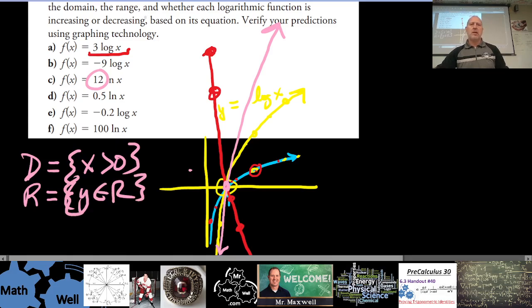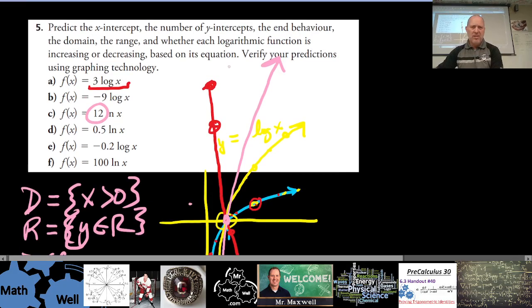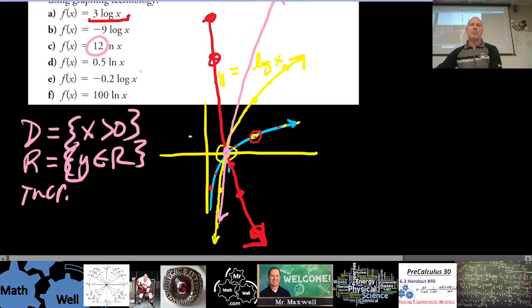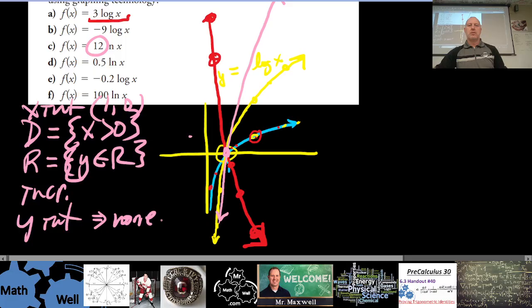It is increasing for sure. Intercepts, sorry. The x-intercept is (1, 0), same. Y-intercept, there's none. But that's what the ln is like. It's just a slightly different base is all. But all the characteristics really are the same as a regular log.